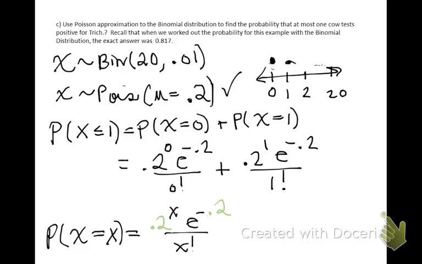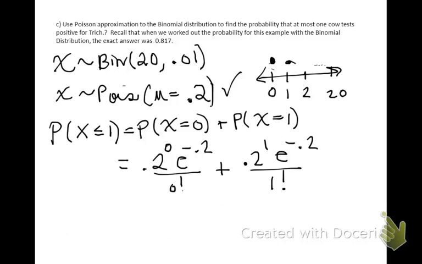So now that the values are plugged in, we can go through and simplify. Anything to the 0 power is 1, so this goes away. 0 factorial is 1, so this goes away. 1 factorial is 1, so this goes away.